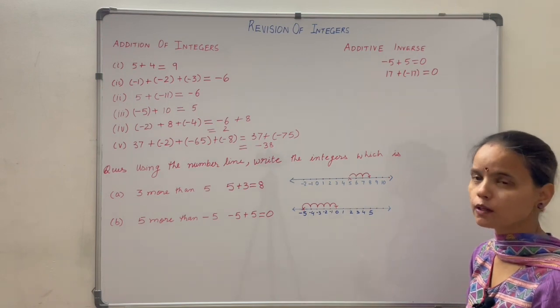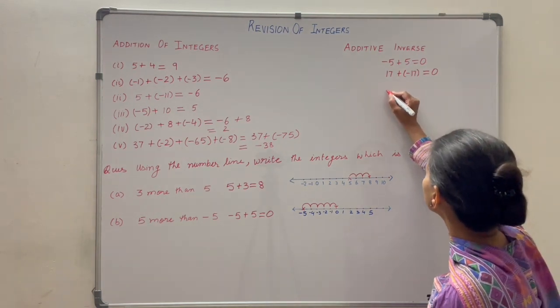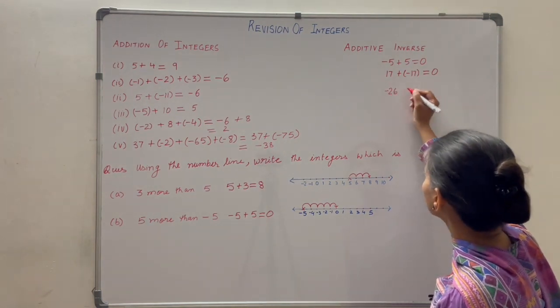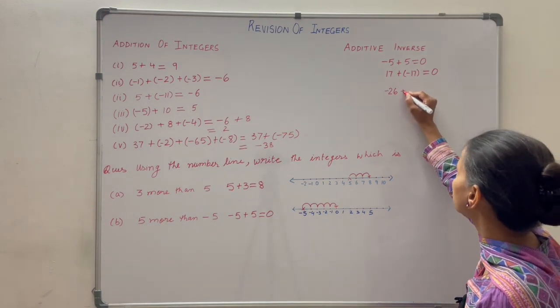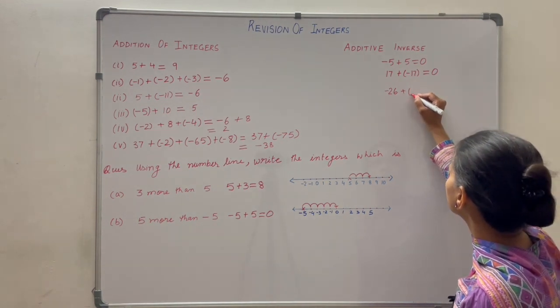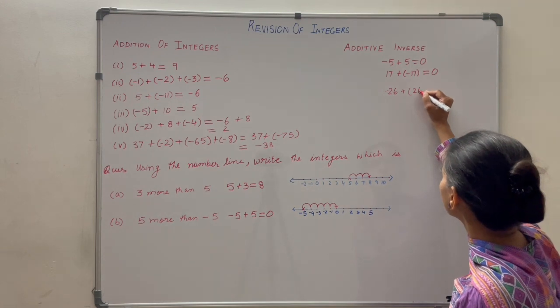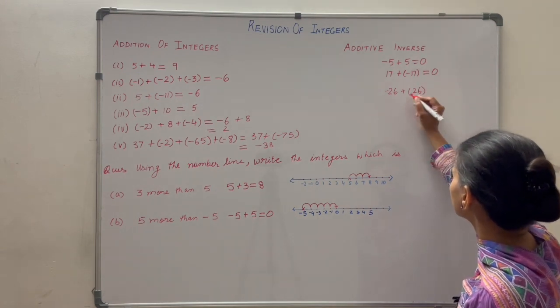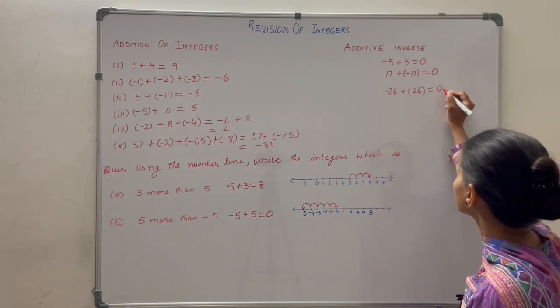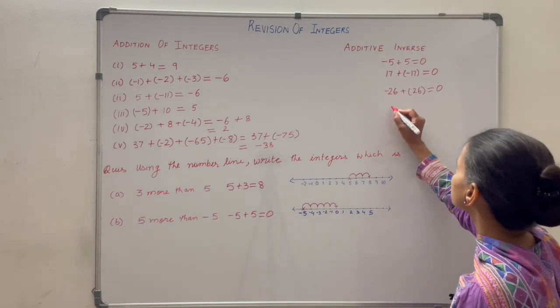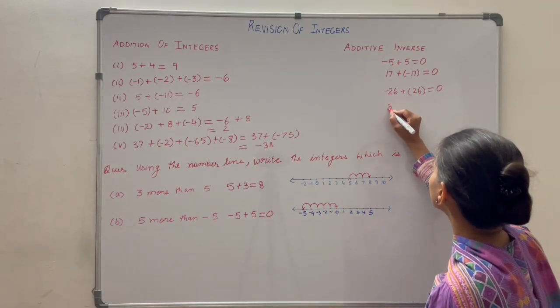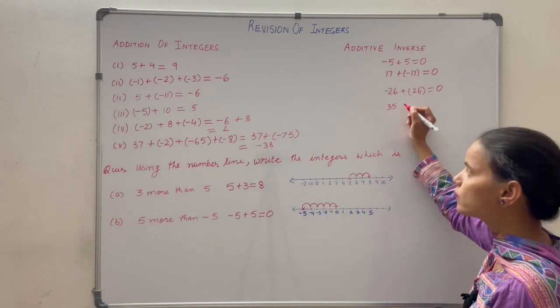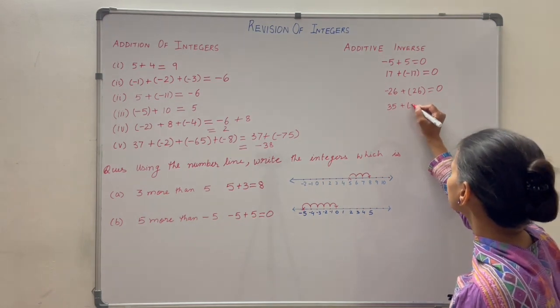So if you have to find the additive inverse of minus 26, you just need to change the sign. This is minus, so the number will be positive, plus 26. The summation is 0. If the number is positive, say 35, then the additive inverse is minus 35.